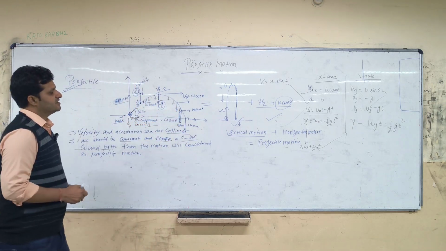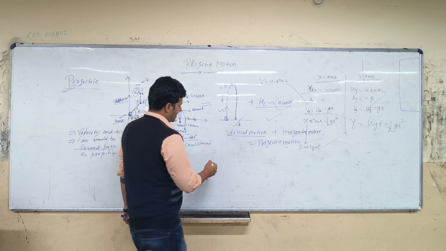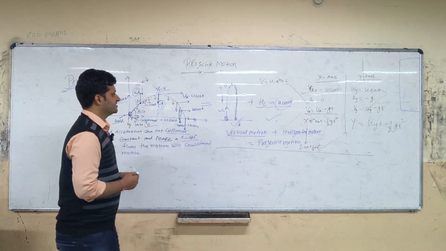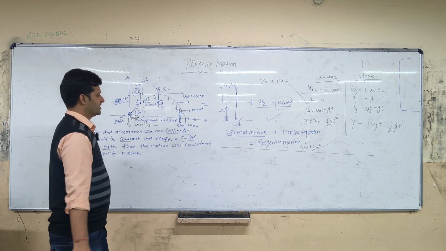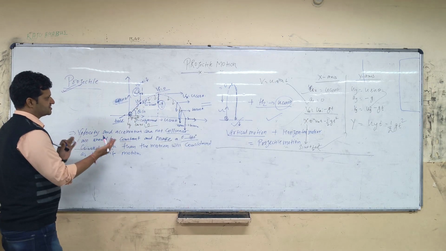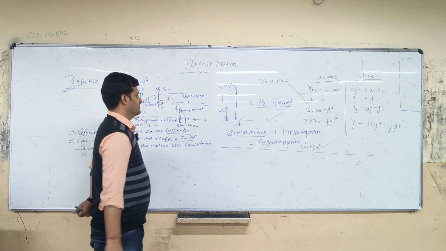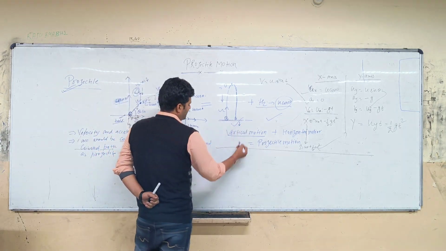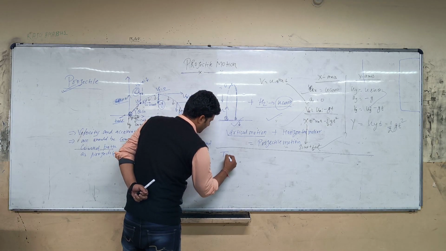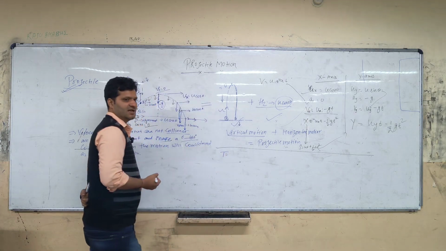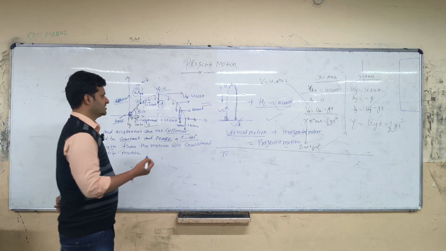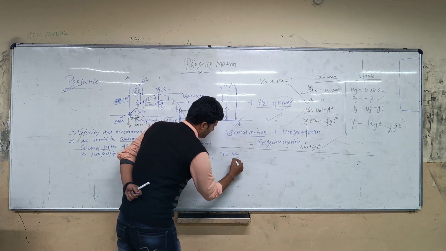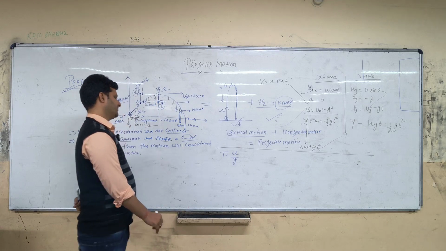Next, after this, we are going to find the important parameters and compare them, as usual, in the same manner. In vertical motion, the first parameter we use is time of flight. In vertical motion you get time of flight as u upon g.